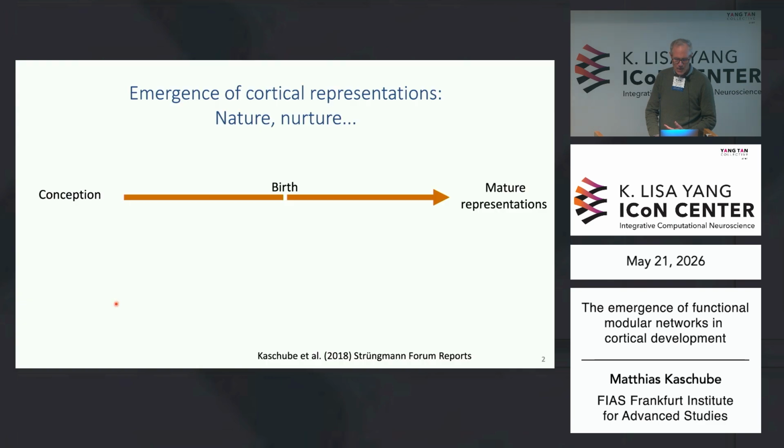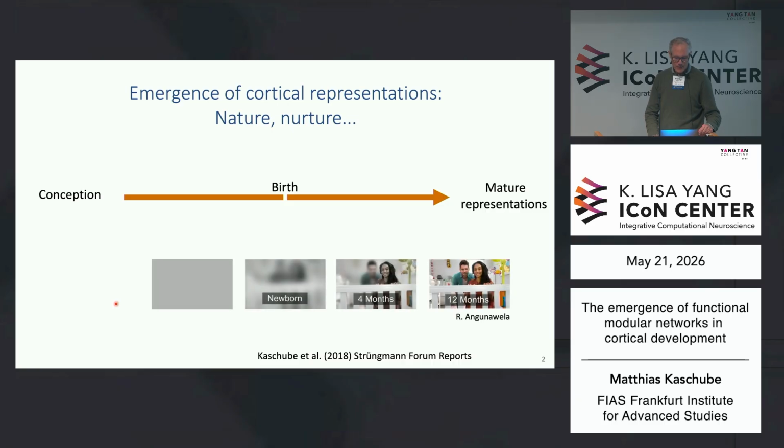What I'm interested in a lot in this context is how neural representations arise during development. For instance, think of the representation of the external visual world. This process starts out way before birth and continues, of course, after birth.